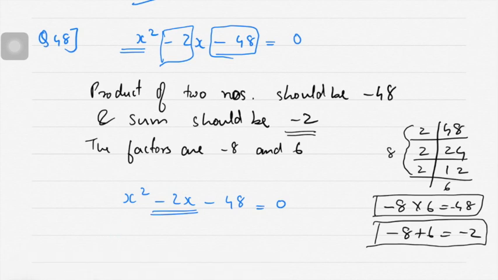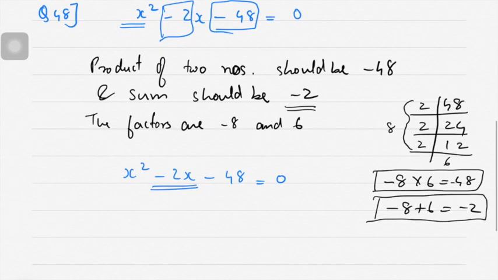So instead of writing minus 2x, I will write x square minus 8x plus 6x minus 48 is equal to 0.